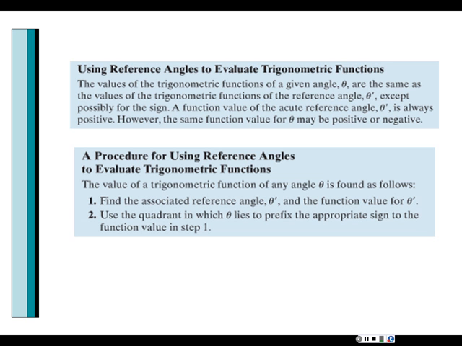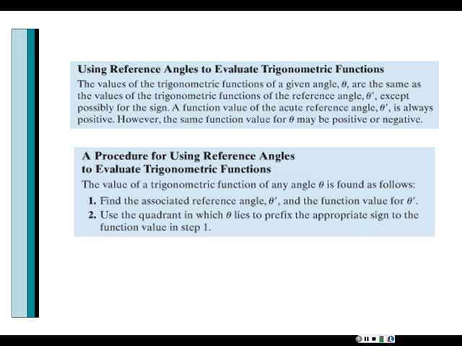First, we find the value of the trigonometric function of the reference angle, the way we did just right now. For theta prime, if it is 60, cos 60, we know what it is. It is tan 60, we know what it is. We'll find that. And we'll use the quadrant in which the original theta lies to prefix the sign to the function in step 1.